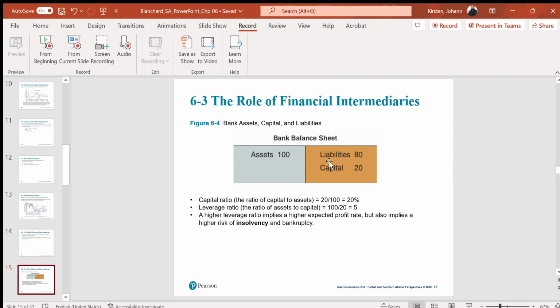So if you're a normal profit-driven company, what is your main aim? Expand your assets to expand your business. So what will firms or banks try to do? They'll try to extend as many loans as possible to improve their assets. But what happened in the '08 crisis?